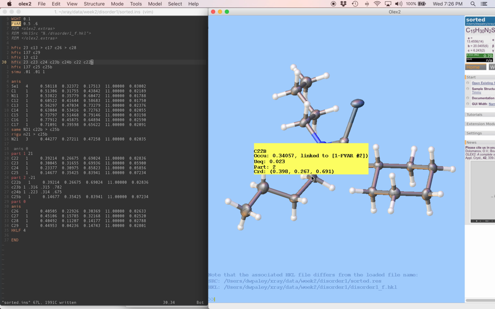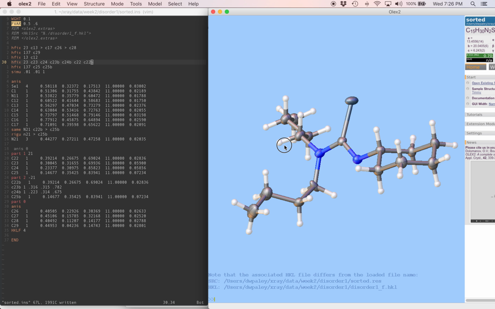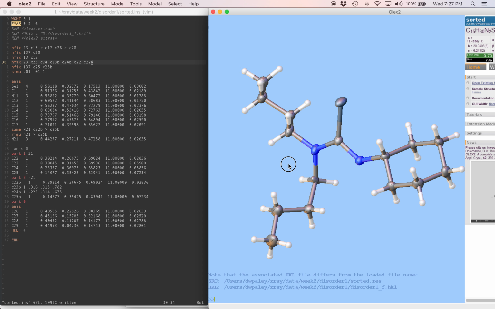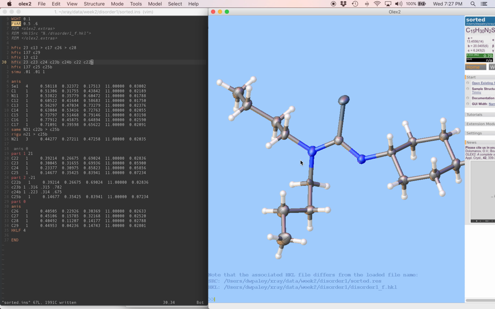And it looks like we got hit by that a bit here, but we did our best to make everything reasonable with a combination of restraints and looking at the structure to see where it needed help.